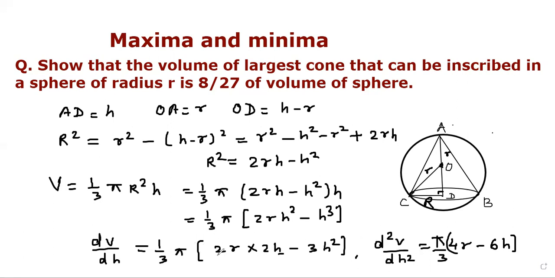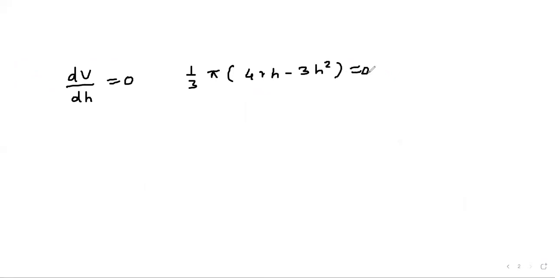Now, to have a maximum or minimum value, we equate dV upon dh to 0, that is 1 by 3 pi times (4rh minus 3h square) equal to 0.